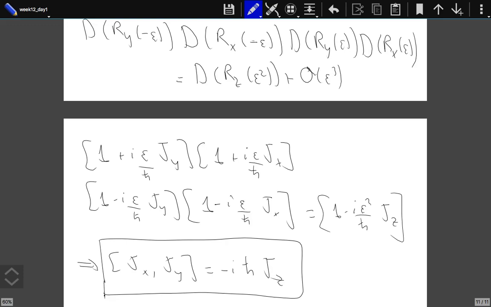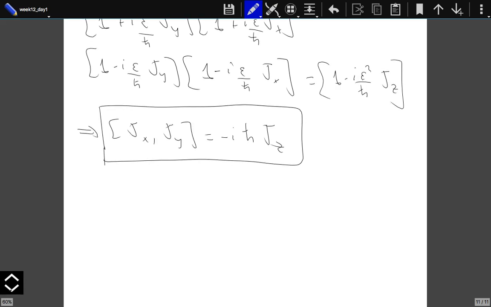e to the power minus i over h bar sz 2 pi, this is equal to minus 1. So after a rotation by 360 degrees, my kets do not go back to their initial kets.